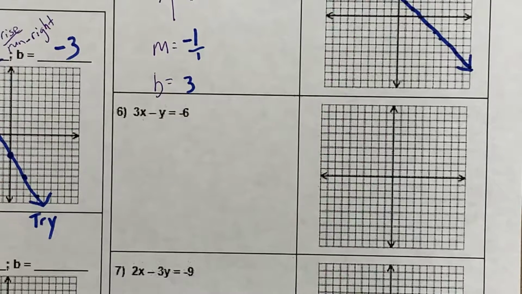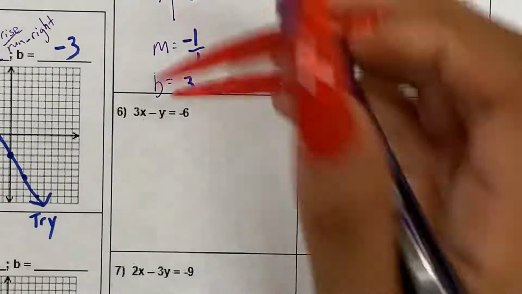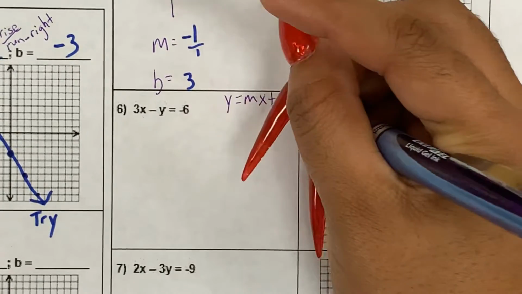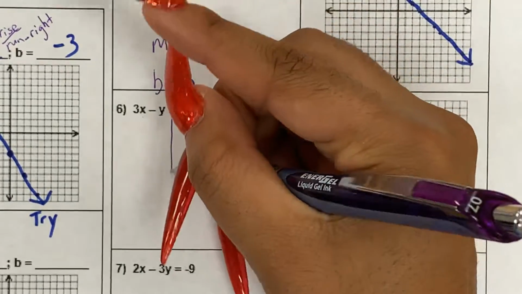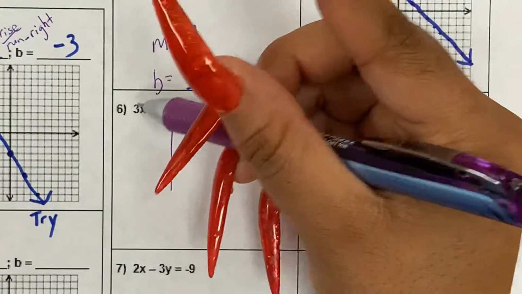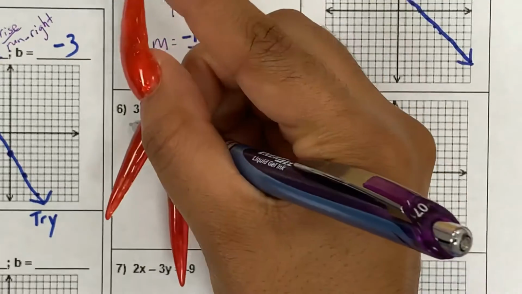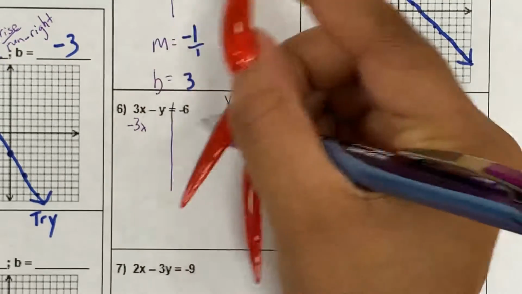All right, number 6. It's not in slope-intercept form. I have to get it in y equals mx plus b form. So the first step is to move the x. So if this is a positive 3x, I'm going to do minus 3x or -3x.